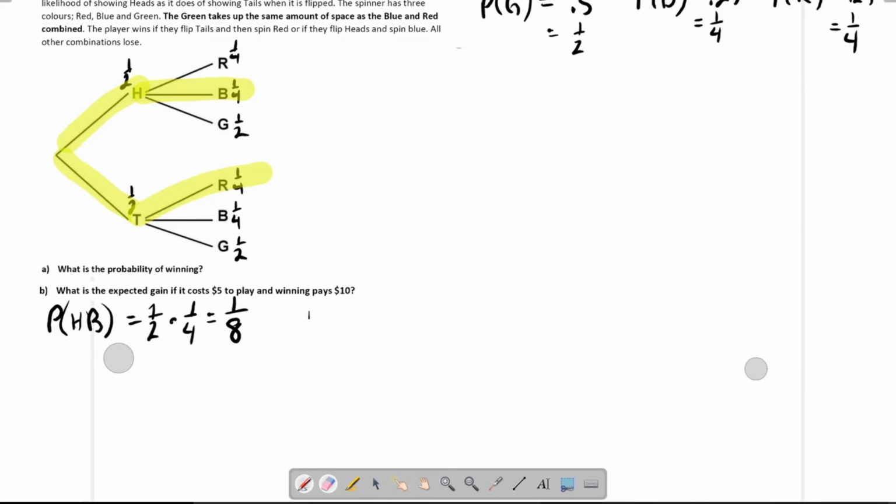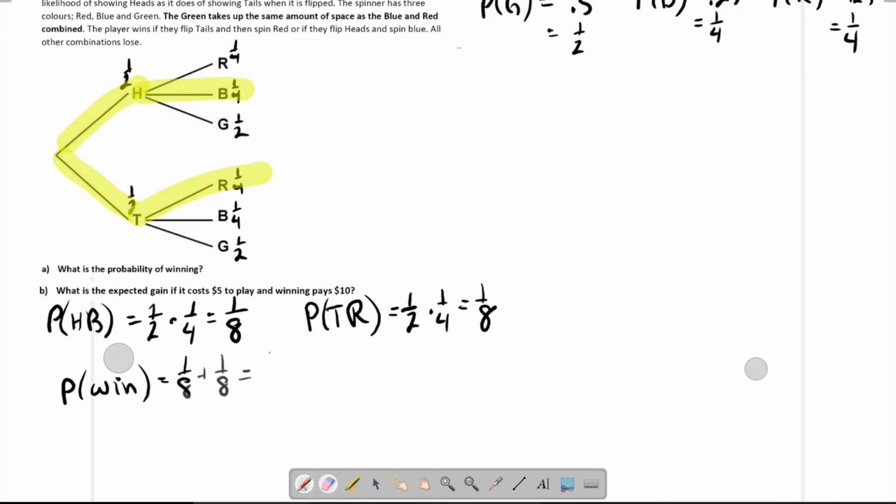Or we can flip tails and spin red, and that has the same probability of happening, 1/2 times 1/4, 1/8. So our probability of winning is just adding those 2 together, 1/8 and 1/8, and we end up with 1/4. So the probability of winning is 1/4, 1 in 4 or 0.25.